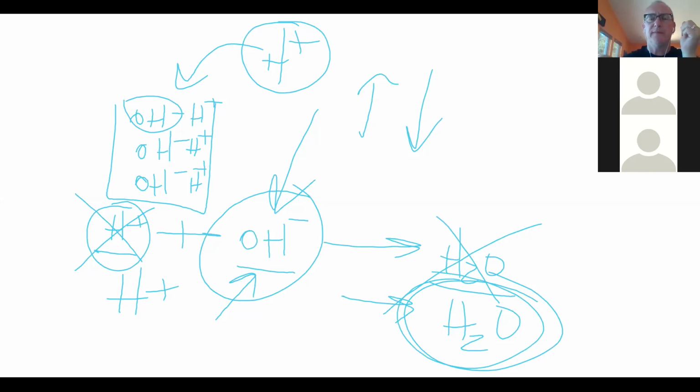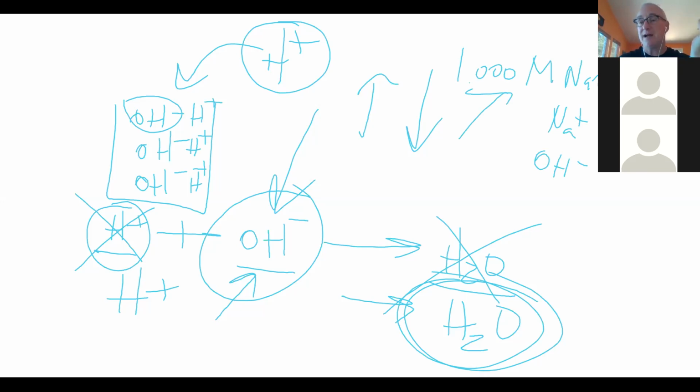Okay. So if I make a 1.000 molar solution of sodium hydroxide, that's an ionic compound, so that turns into a 1 molar solution of sodium and a 1 molar solution of hydroxide ion that completely ionizes. So I use this solution assuming that I have perfect 1.000 molar sodium hydroxide. However, if I use deionized water, or if there's CO2 present, which also makes acid, I'm going to have less than that.